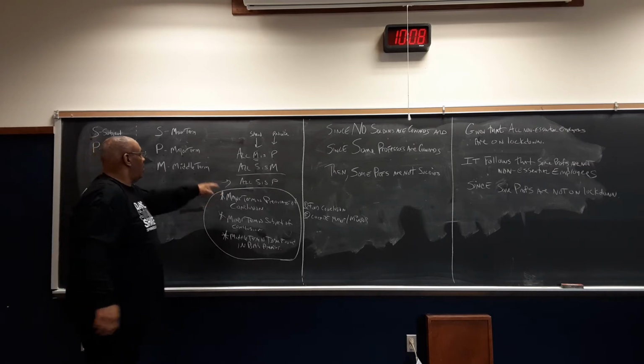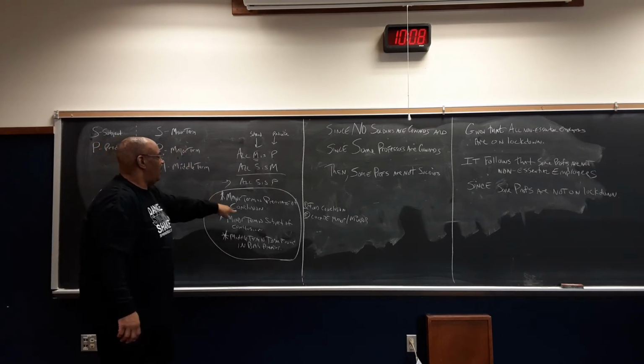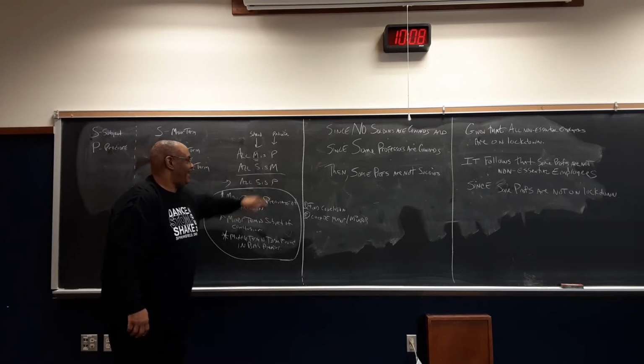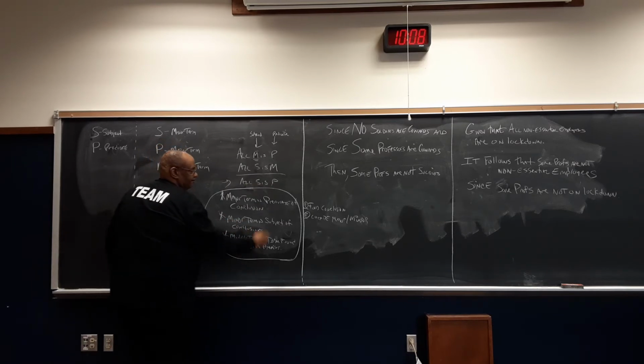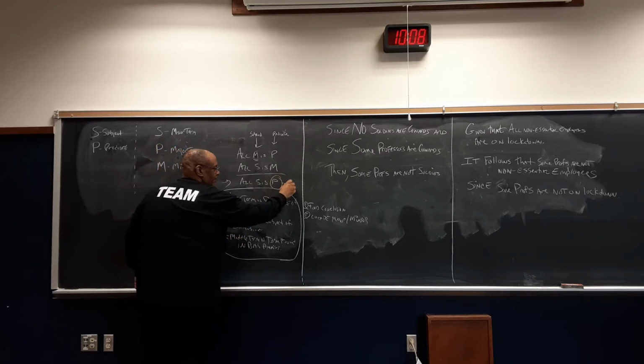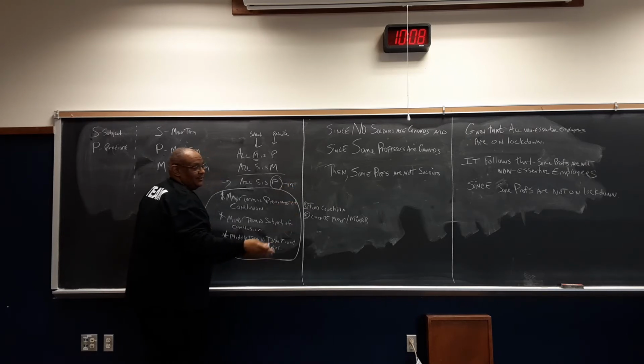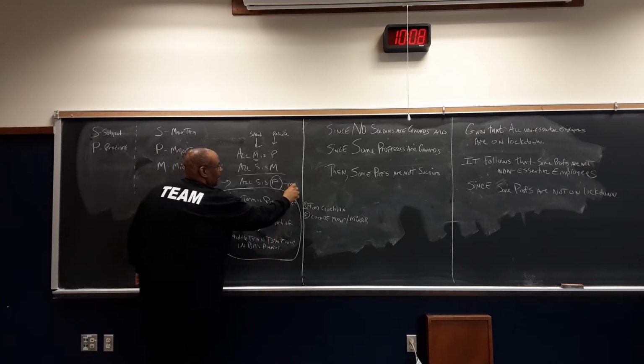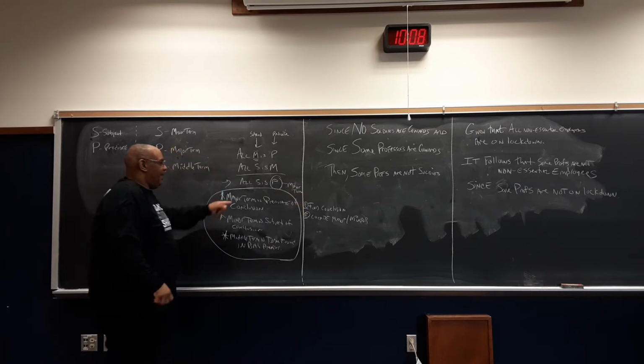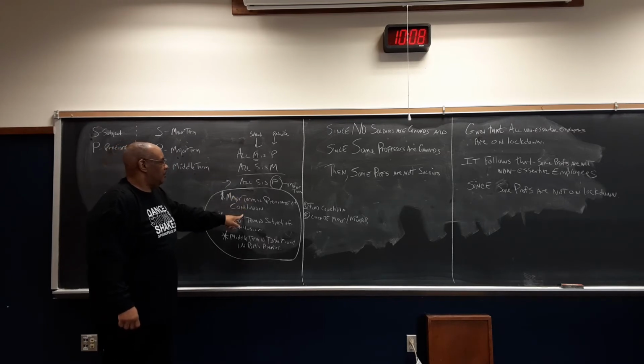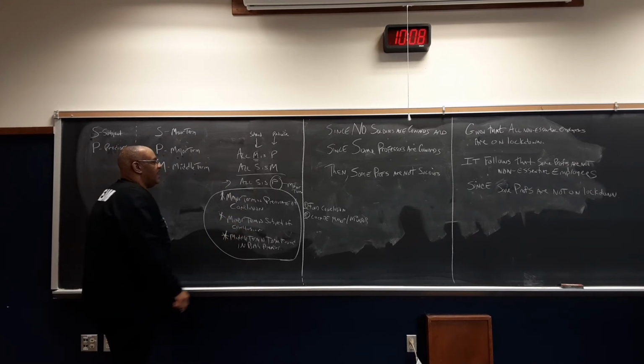So your major term, which is your P, is going to be the predicate of the conclusion. Bam. Major term. Not MT, because MT, y'all know, stands for modus tollens, so I didn't mean that. Major term is the predicate of the conclusion. Minor term is the subject of the conclusion.